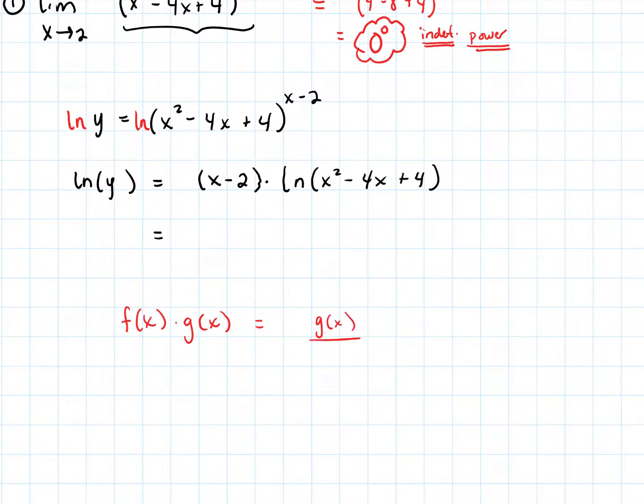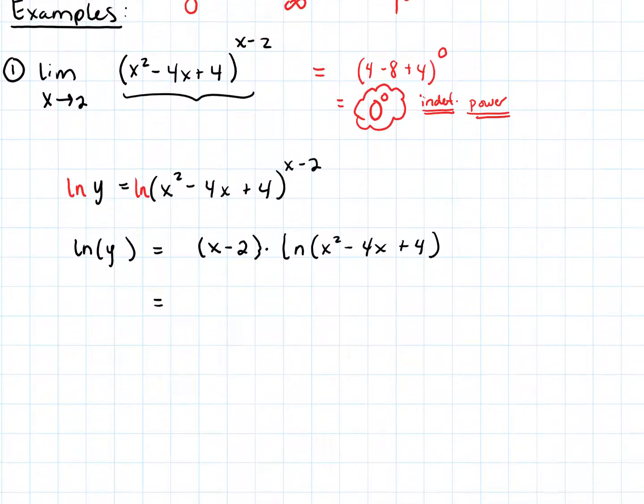So we could write that as g of x divided by 1 over f of x, or you could write that as f of x divided by 1 over g of x. That's a strategy that is useful whenever we have a product that's indeterminate and we want to use L'Hopital's rule with a quotient. We can turn a product into a quotient by just utilizing division by reciprocals. Okay, that was a quick review of what we discussed when we talked about the indeterminate form of the products.